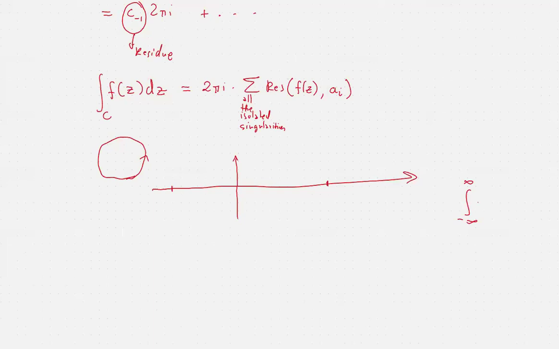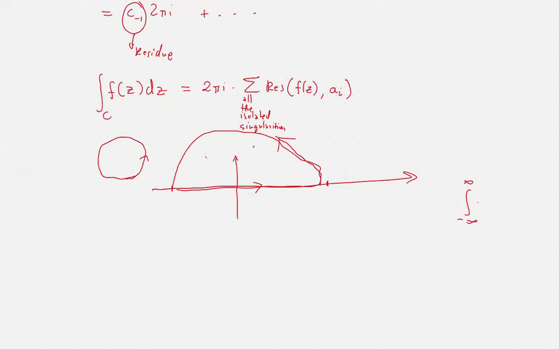Okay, this is the worst semicircle ever drawn, but the bottom line is that you look at such a semicircle and you traverse it in the counterclockwise way, and you use the residue theorem in order to compute the integral over this semicircle.